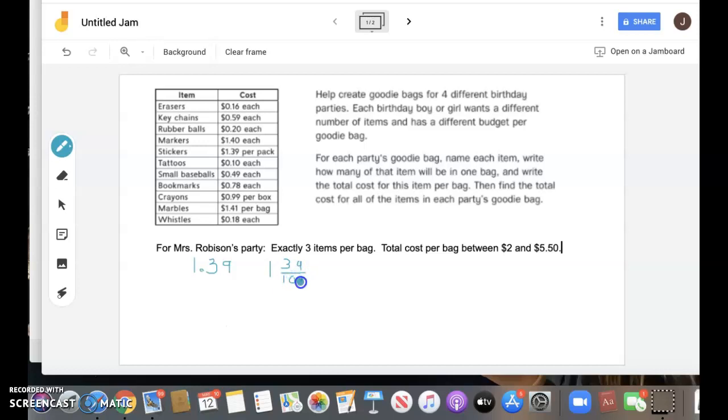My denominator is going to be 100. Maybe I choose to do marbles for $1.41 per bag. So it's $1.41, which is the same as having 1 whole and 41 100ths.